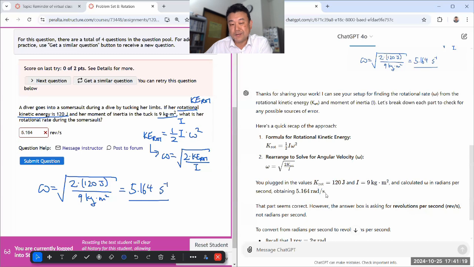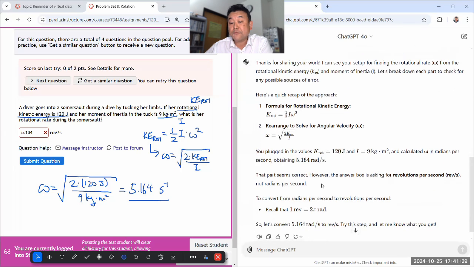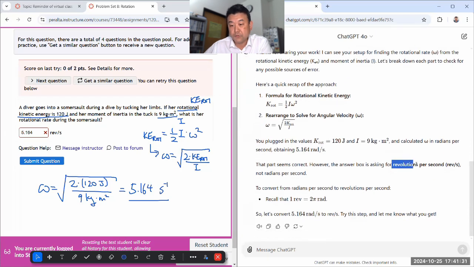And ChatGPT spots correctly that angular velocity is in radians per second, and where I didn't write radians, there is actually radian. And you have to convert from radian to revolution, even though neither of them are real units. So there's no real conversion, but one revolution is one cycle is 2 pi radians. So you do actually have to do that conversion.